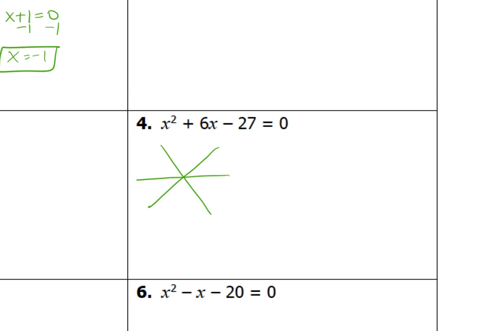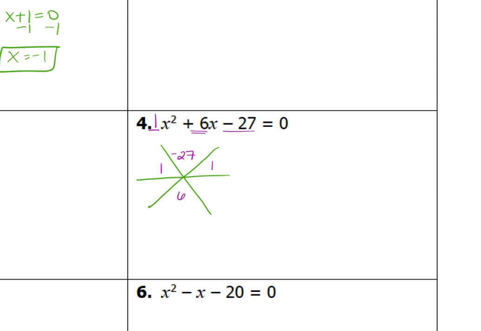Okay, so the top, A times C, is 1 times -27. So that's a -27, A times C. Your B value is a 6, okay? And then your A value is your 1 that we're going to put there.